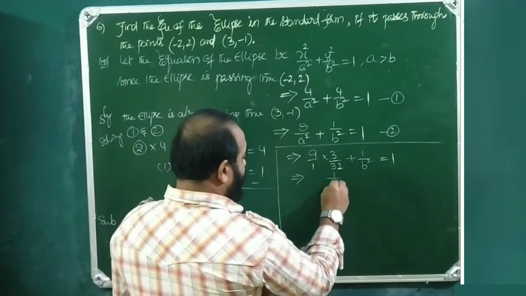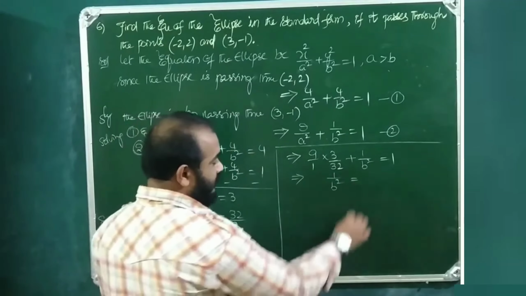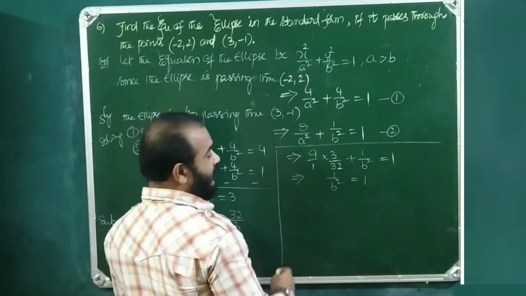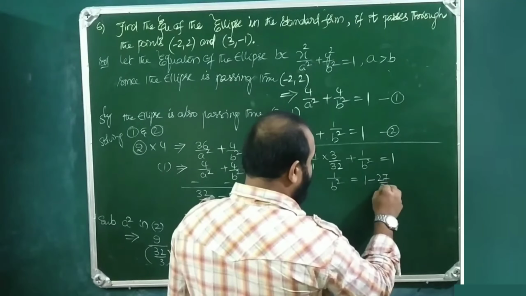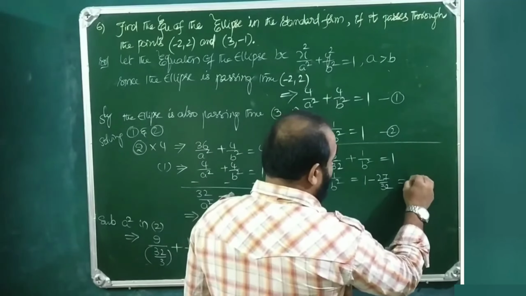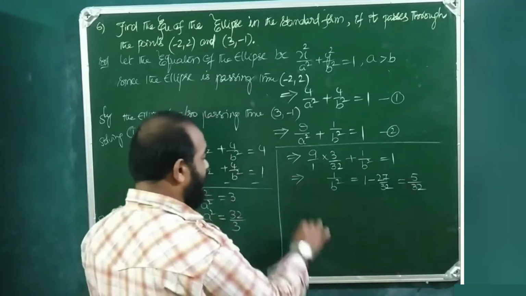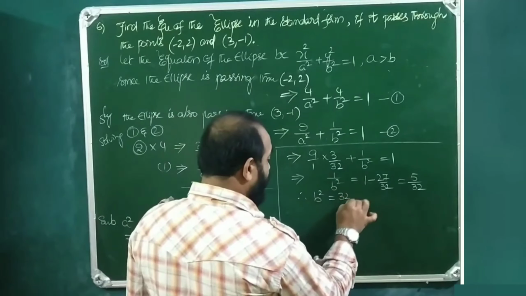So 1 by b square is equals to, 9 3s are 27 by 32. If you transpose on to another side, minus 27 by 32. 32 minus 27, 5 by 32. 1 by b square is 5 by 32. Therefore, b square is equals to 32 by 5.